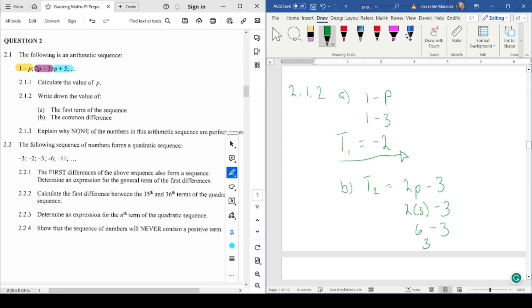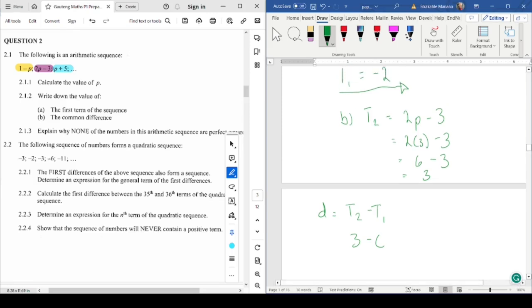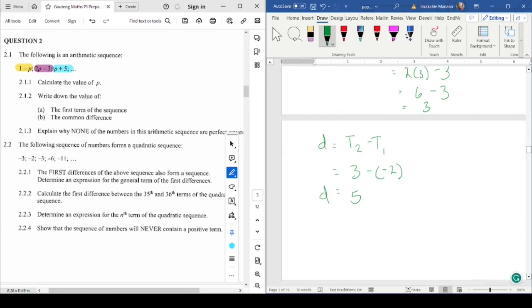So T2 is just simply 3. Now for the common difference, we're going to say T2 minus T1. T2 we know is 3 minus, and T1 we solved it to be what? Minus 2. So we just substitute minus 2 there. And then finally it's 3 plus 2. Our common difference is just simply 5. There we go. It's our final answer.